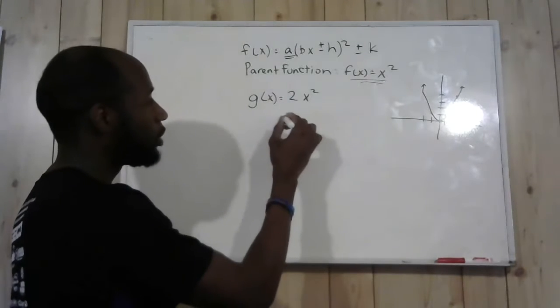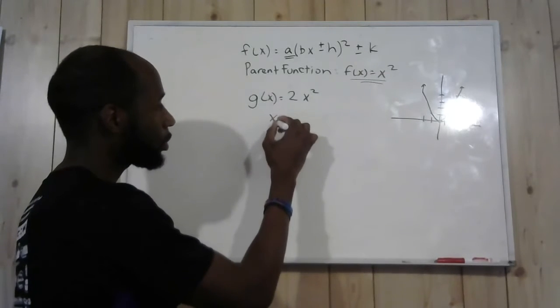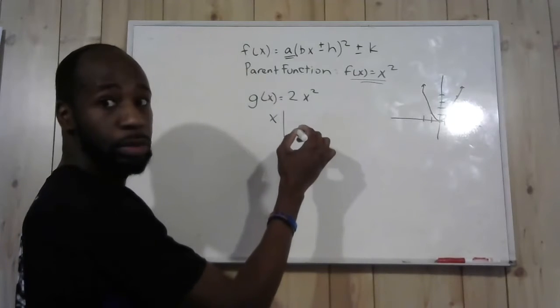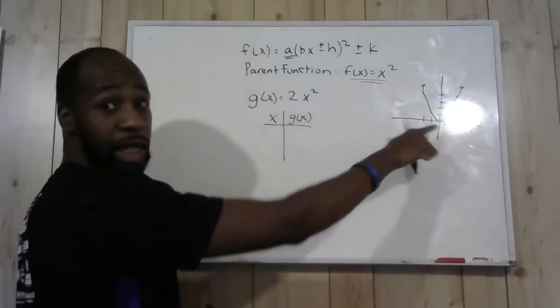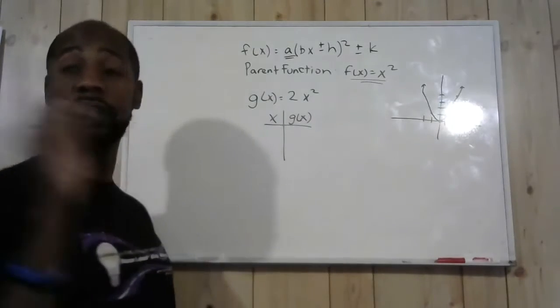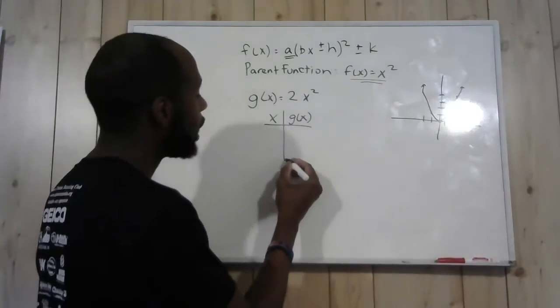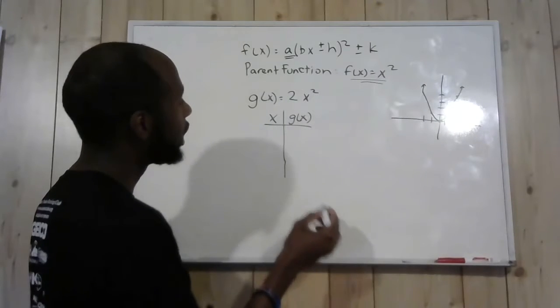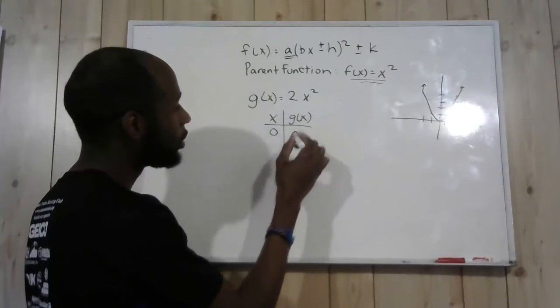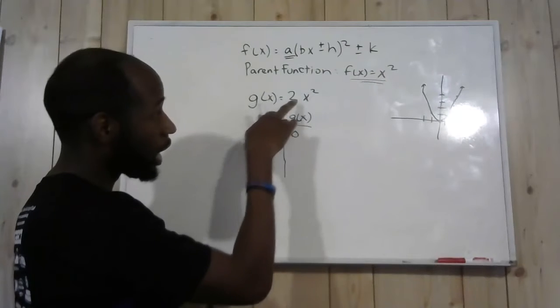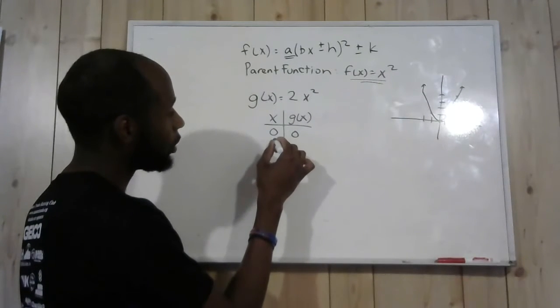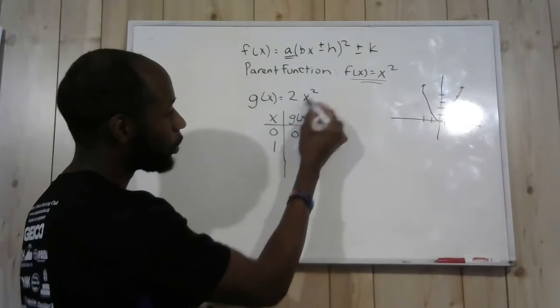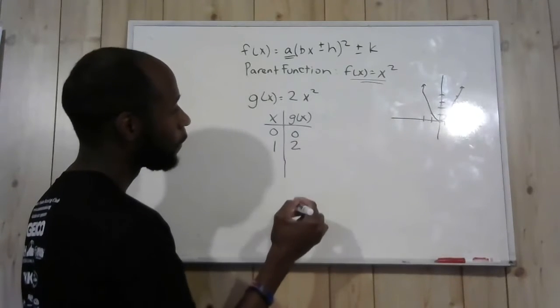Get a table of values. And I'm sorry about that glare right there. I need to figure out something about that light. Anyhow, so when x is 0, g of x is 0. And all I'm doing is plugging in x values into here to find what g of x is. When x is equal to 1, 1 squared is 1, g of x is 2.